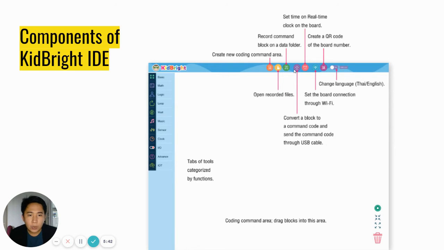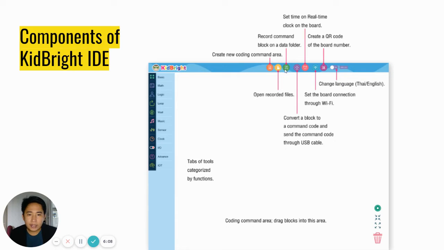And then this arrow up icon, so this is the run command, okay. If you are finished with your program, with your codes, the button that you have to click is this arrow up button. So this will run your command. This just means that if you click this, the program that you created on the KidBright IDE will be sent to the KidBright board, okay?